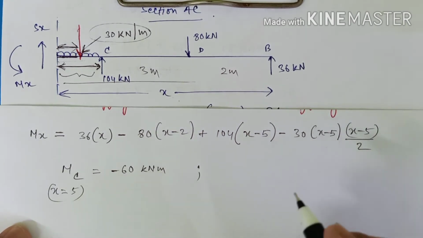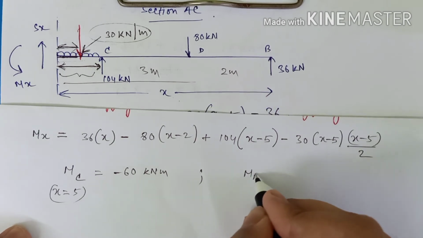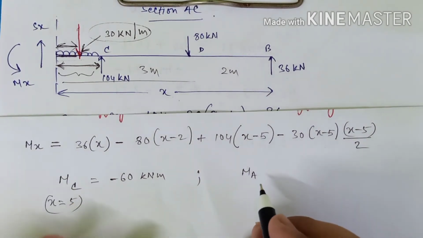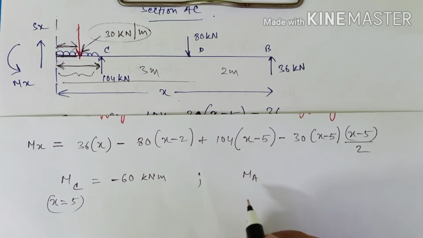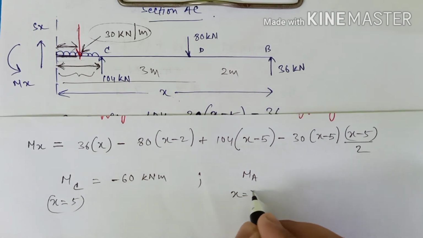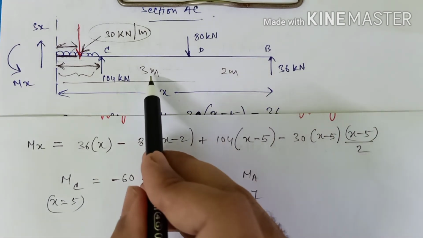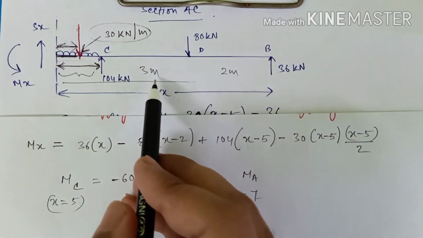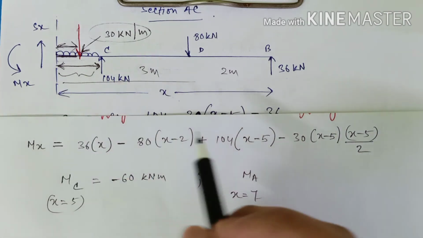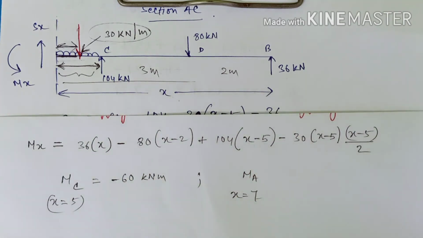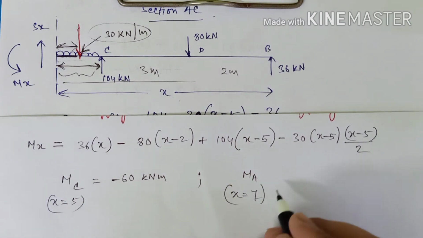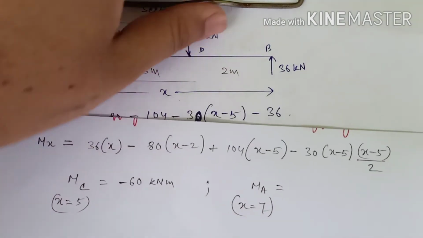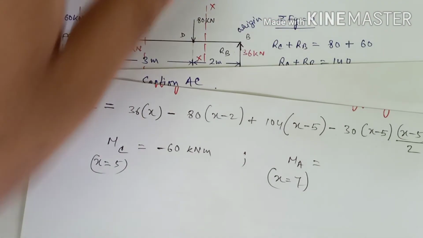On the other hand, if you want to find the value of bending moment at A, it will be at a distance of 7, I guess. 2 plus 3 is 5, plus 2 is 7. So x equals 7. I hope this much is clear, right?